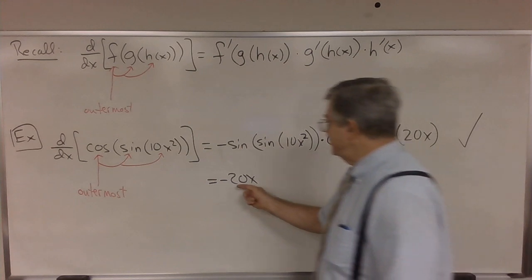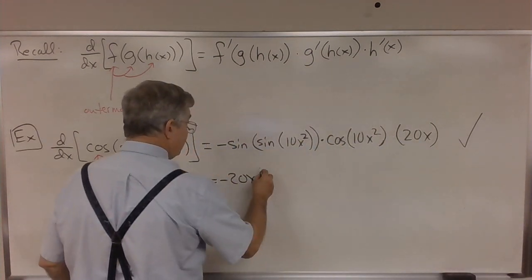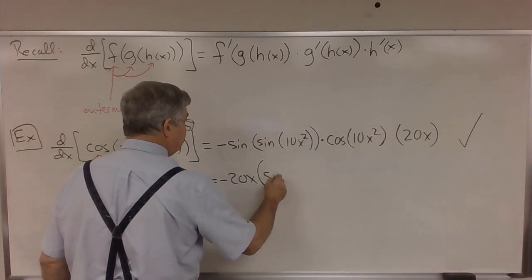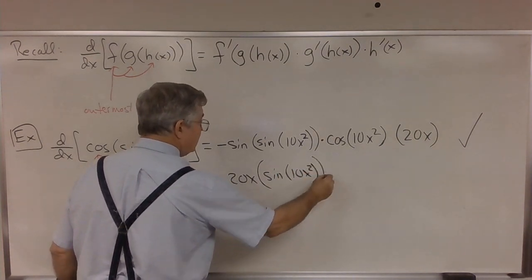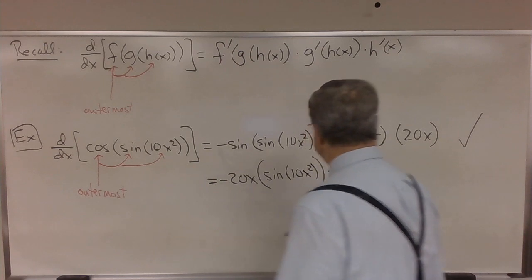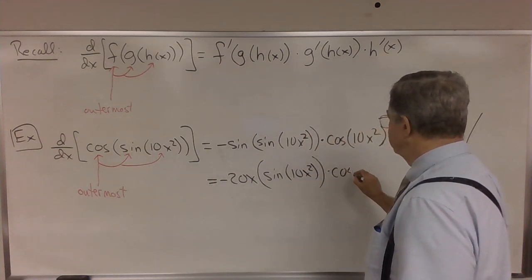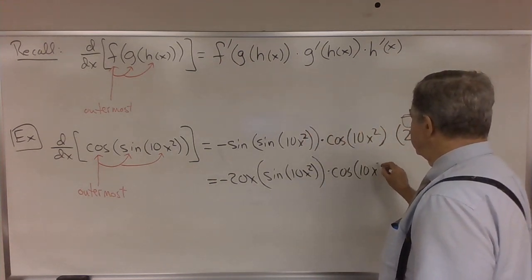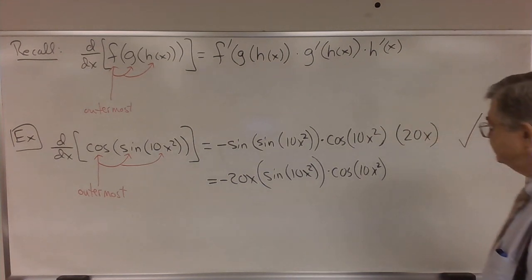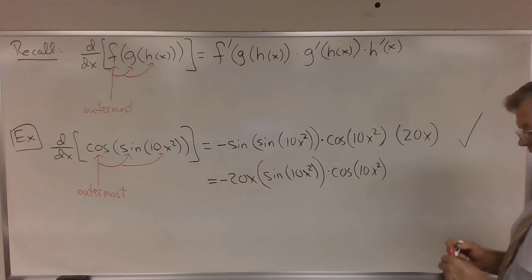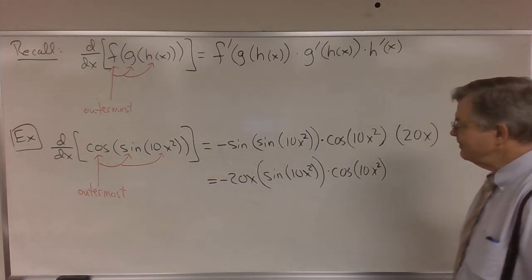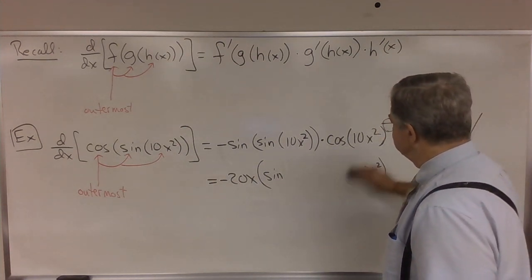Bring the 20x out front times sine of 10x squared times cosine of 10x squared. And voila. No? Boy, maybe I need glasses.